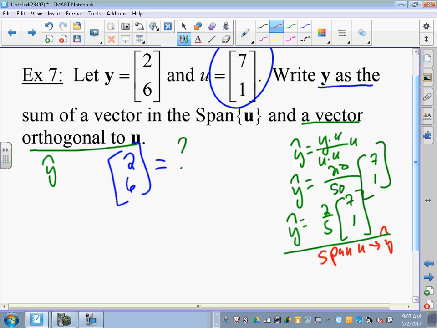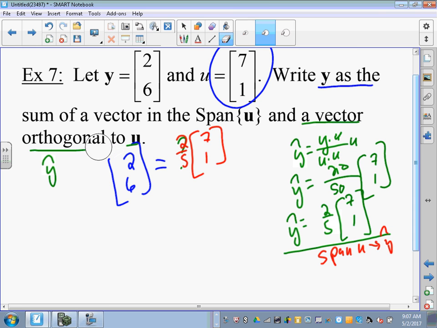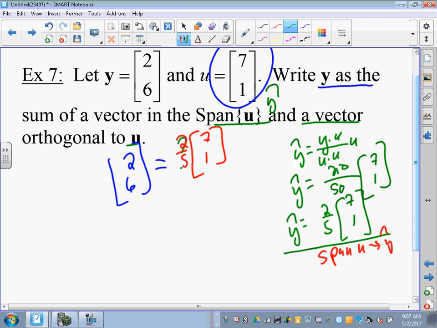How do you find a vector that's orthogonal to u? So we have a vector that's in the span of u, which is 2/5 of 7, 1, and a vector that's orthogonal to u. So let's actually fix that. In the span of u, that's going to be y hat. And a vector that's orthogonal to u, like from the prior one, what are we looking for?